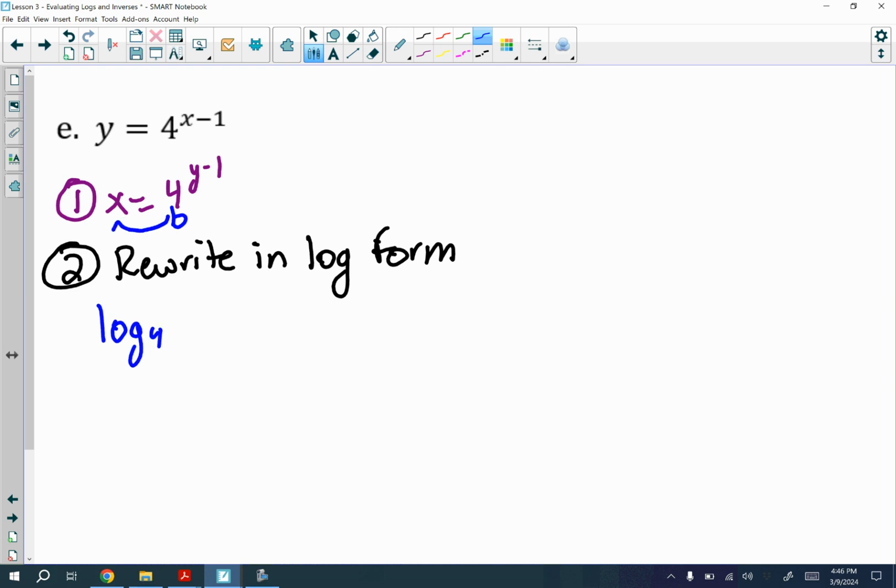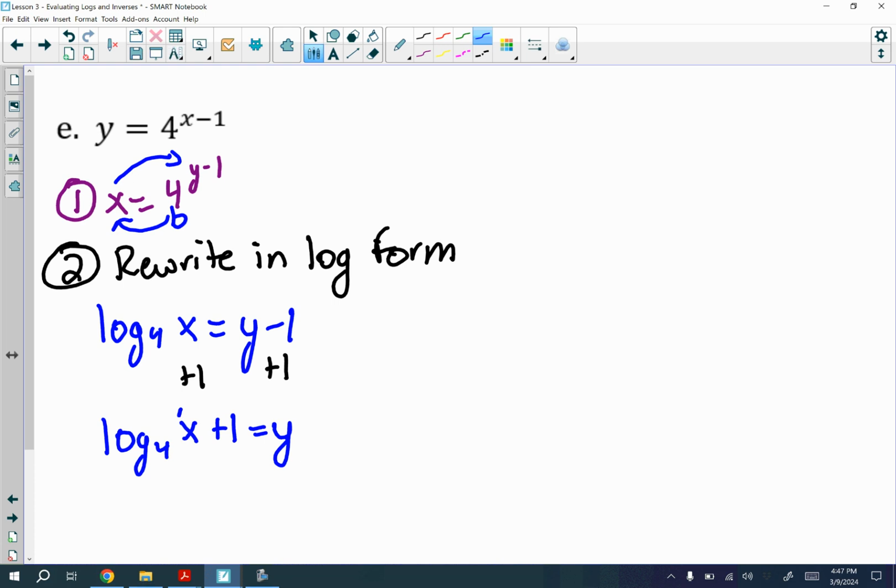I go to the outer, which is x, and then equals, and then I go to the y minus 1. Now here, because my y is not isolated, I do need to add that over next. And then my final answer is going to be log base 4 of x plus 1. Now this plus 1 is not in parentheses because really what would be in parentheses is the x, not the plus 1. Think of this as like a k value when we graph.